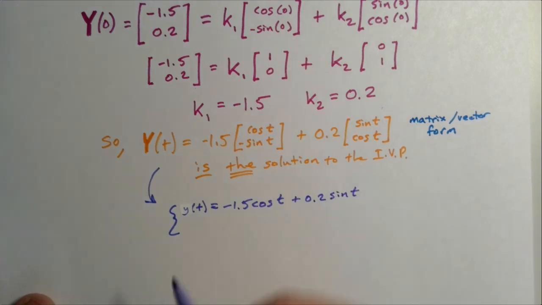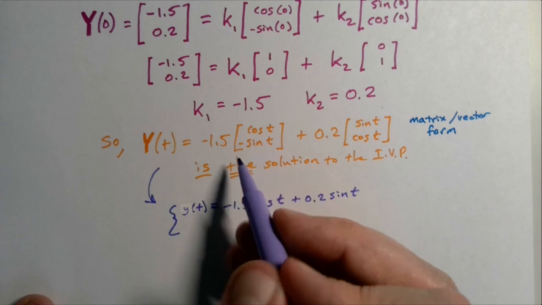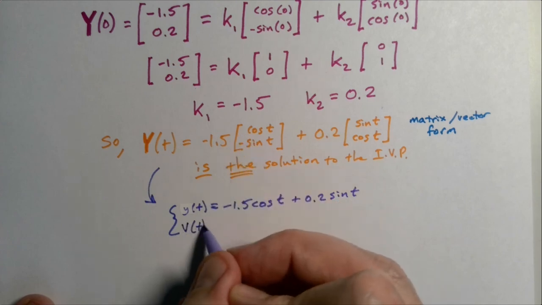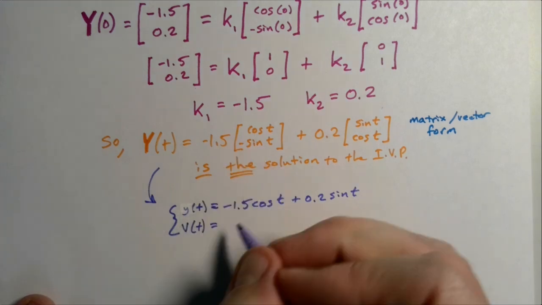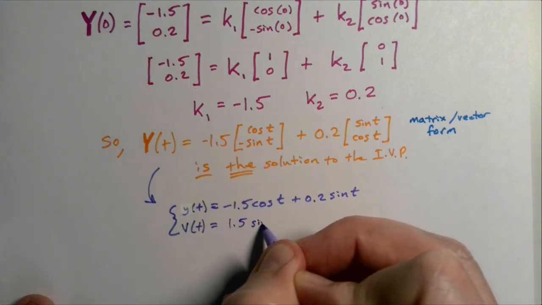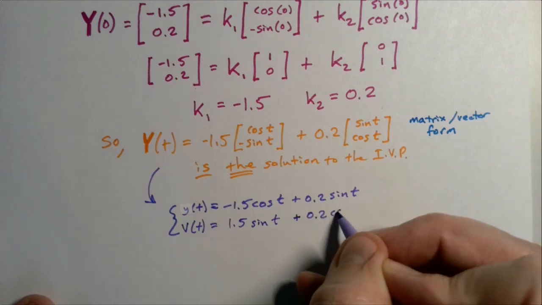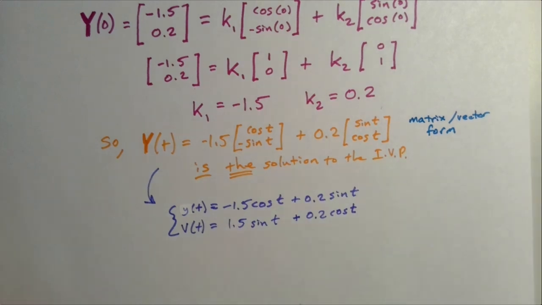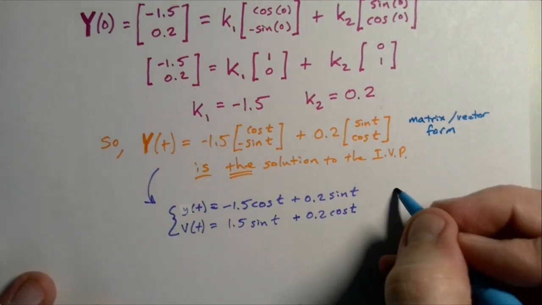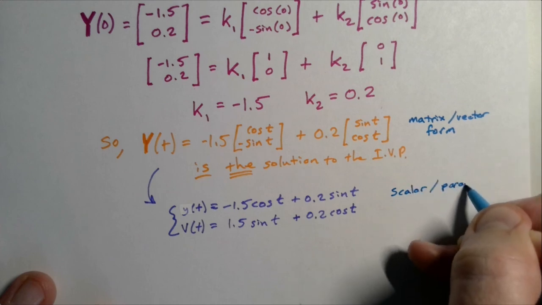And remember, the top is y and the bottom is v. And so the bottom is v of t equals negative 1.5 times negative sine, so that would be positive 1.5 sine t plus 0.2 cosine t. So this is what we would call scalar or parametric form.